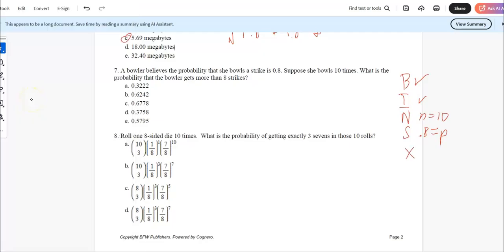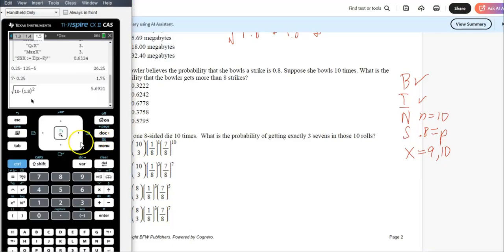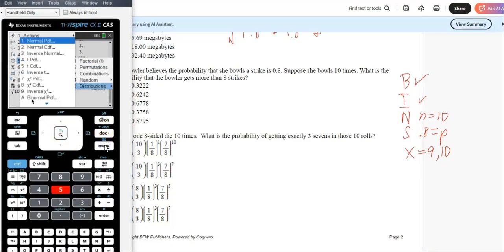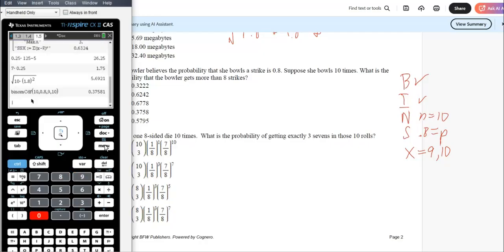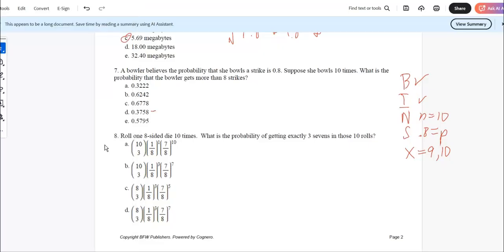So x is going to be 9 or 10, basically. So more than 8, so it is CDF. Sorry about that. Got to read the question carefully. So menu 5 5B. So number of trials 10, 0.8, lower bound 9, upper bound 10. Should be 0.3758. There we go.